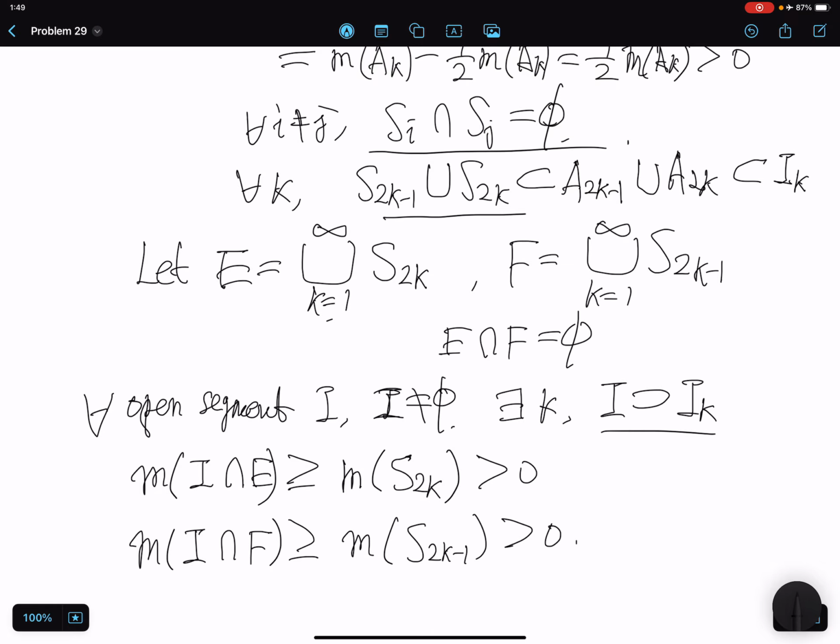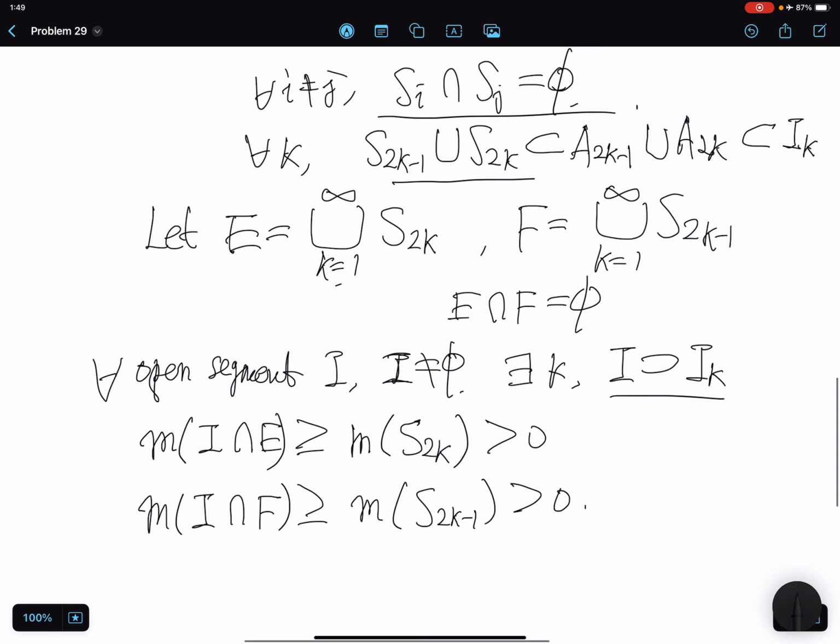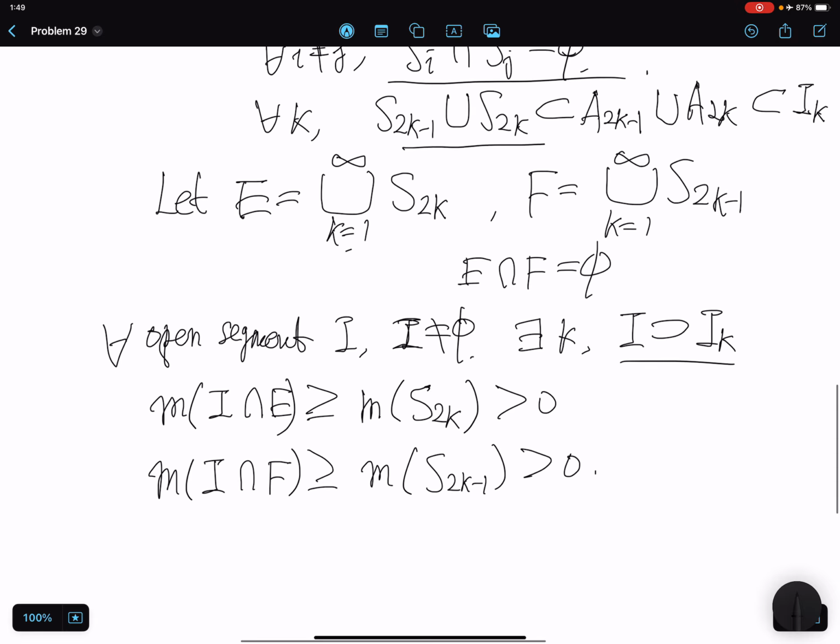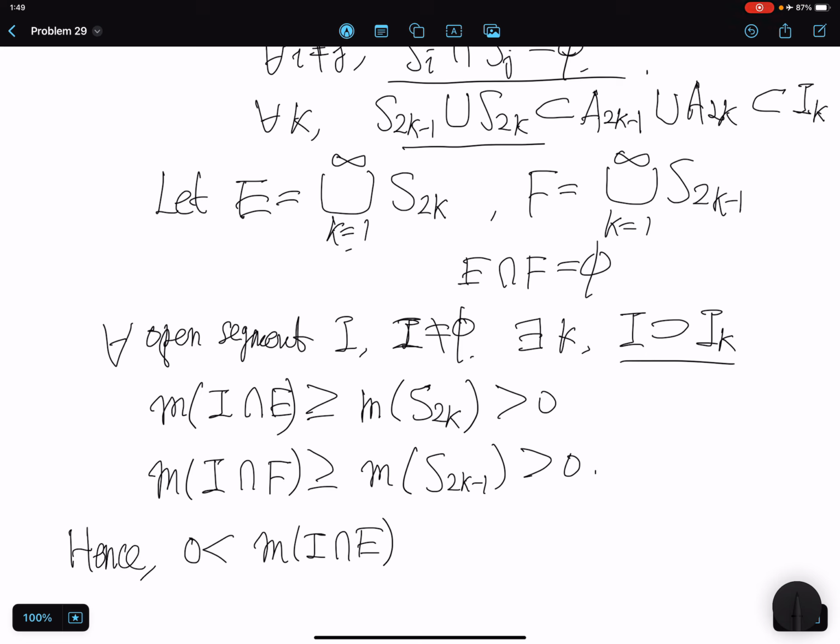But since E and F intersection is empty, hence this has to be strictly bigger than 0.